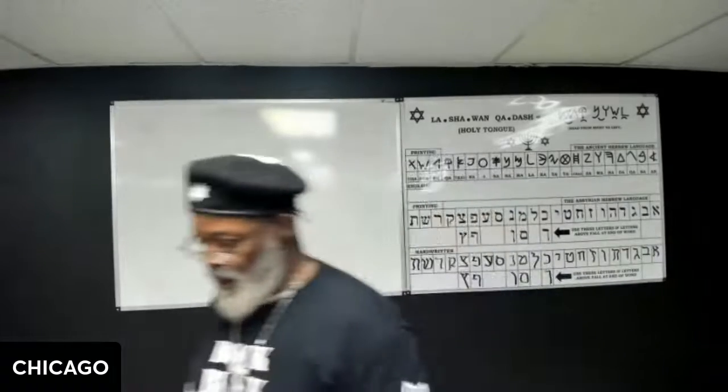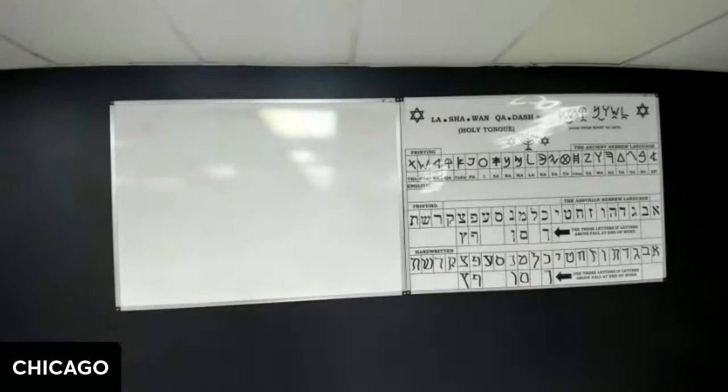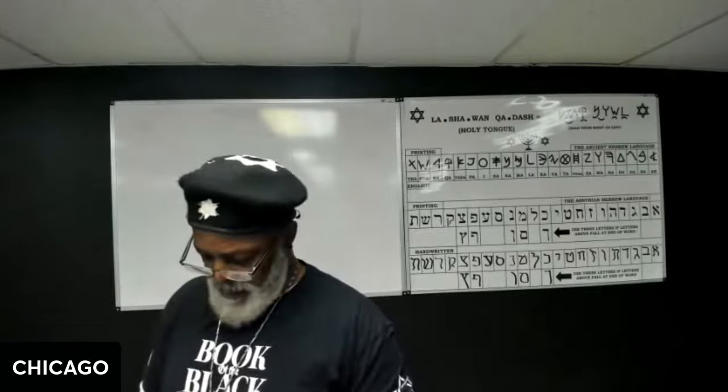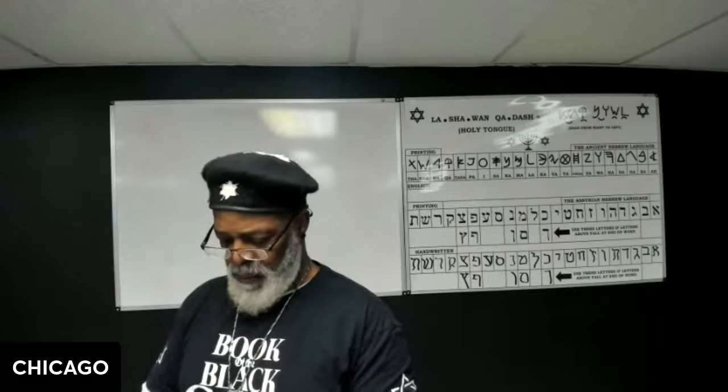I guess we'll start out over here. What we'll start out with, we're going to go to the nations, the way they are written in the English, how they call us different names as far as Israel goes.